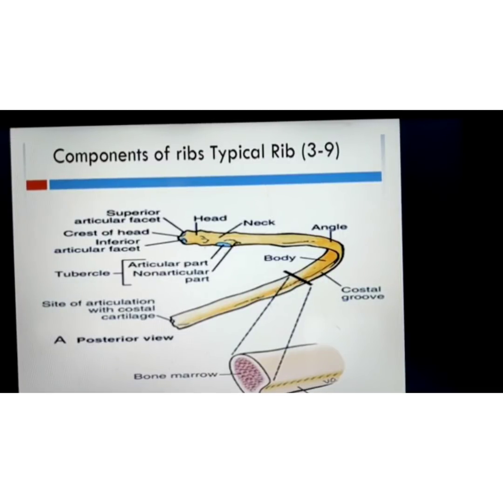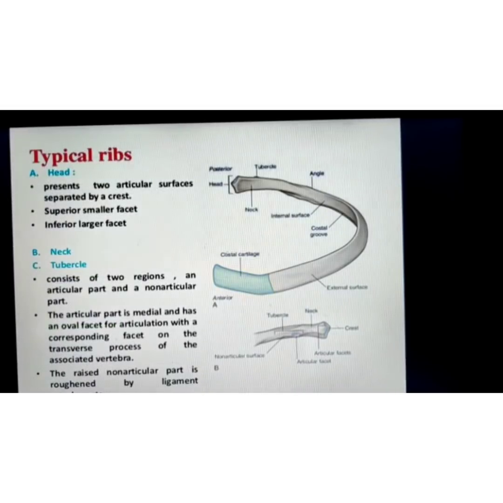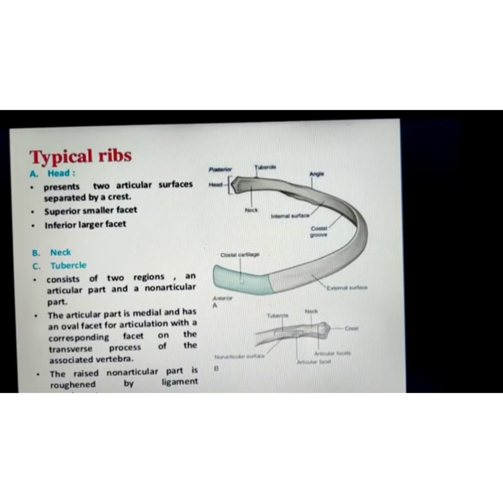This tubercle articulates with the transverse process of the numerically corresponding thoracic vertebra. Again, the head has two facets, the superior and inferior articular facets, and the inferior larger facet articulates with the facet present on the body of the numerically corresponding thoracic vertebra.